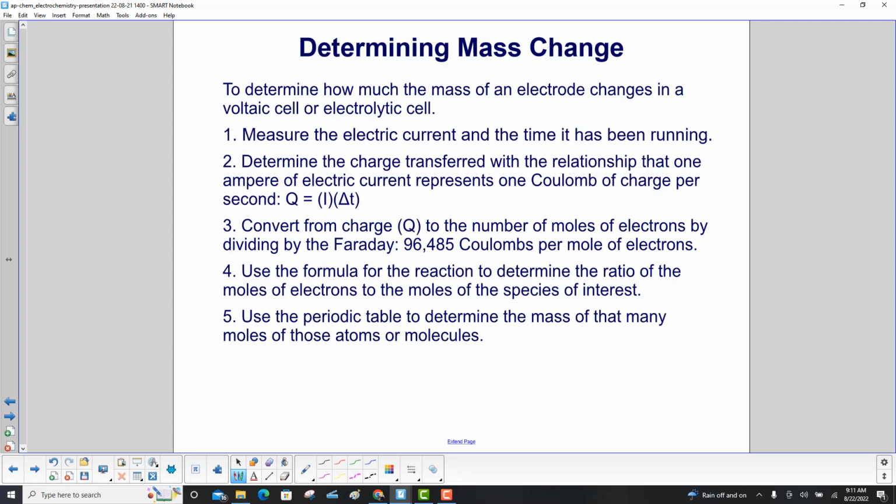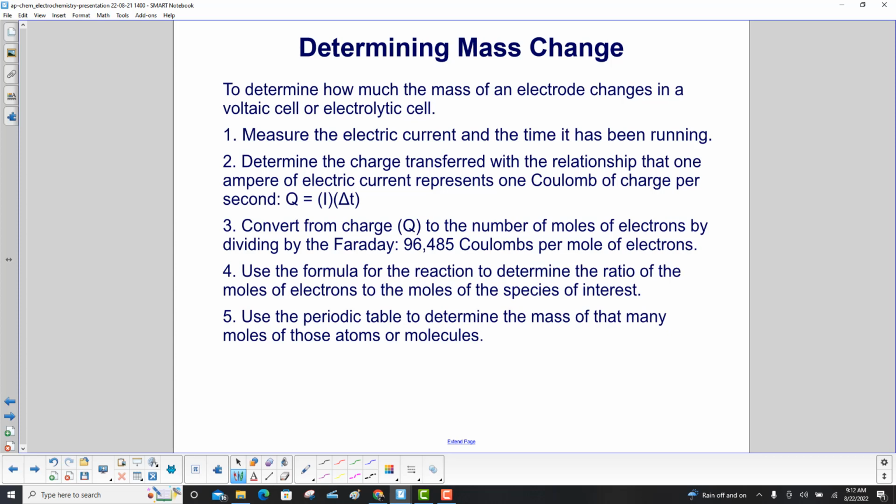To determine how much the mass of an electrode changes in a voltaic cell or electrolytic cell: 1. Measure the electric current and the time it has been running. 2. Determine the charge transferred with the relationship that 1 ampere of electric current represents 1 coulomb of charge per second. So Q is equal to I times delta t.